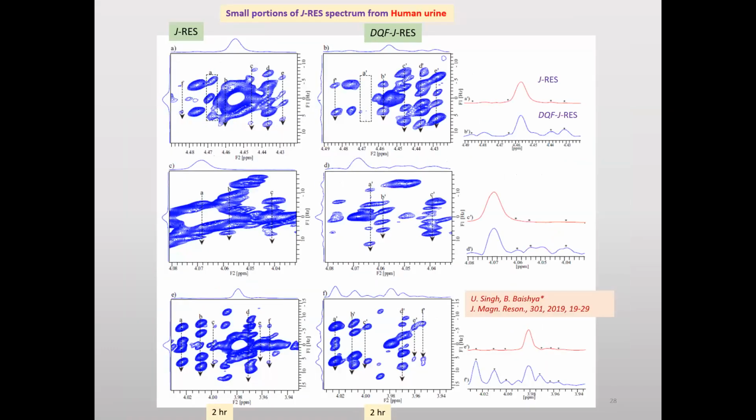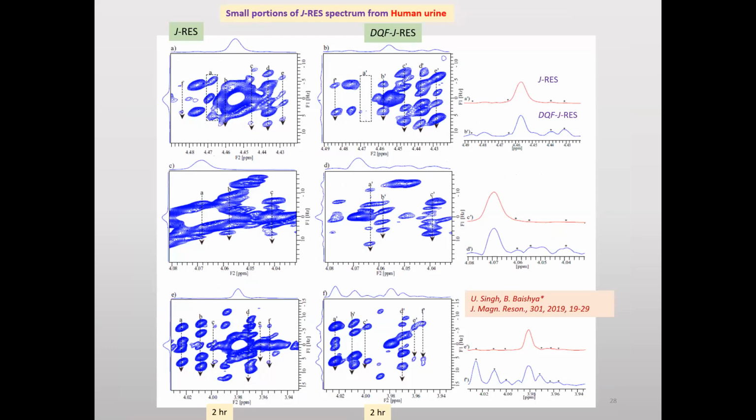Here are the spectra recorded on human urine. On the left are portions of the Z result spectrum, and on the right are the portions of the double quantum filter Z result spectrum. You can see that the intense singlet in a Z result spectrum can be very nicely suppressed using the double quantum filter. Many multiplets can be very well resolved.